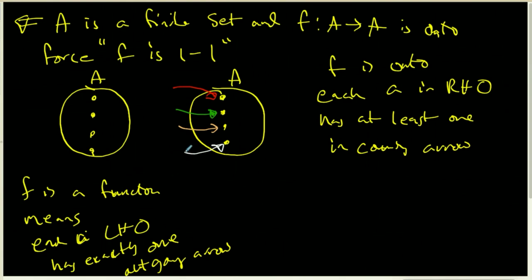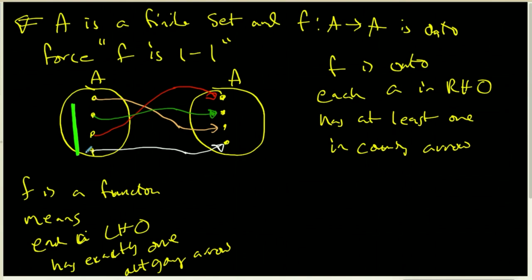Well, this arrow had to come from somebody. And this arrow had to come from somebody. And that red arrow had to come from somebody. And that green arrow had to come from somebody. And now what I want to notice is I'm out of elements inside the domain. There's no element over here that still needs an assignment.